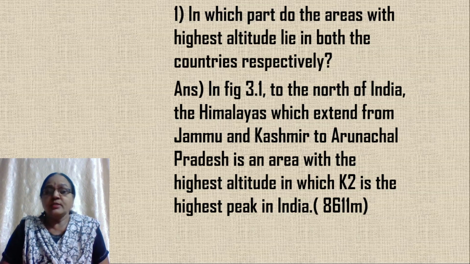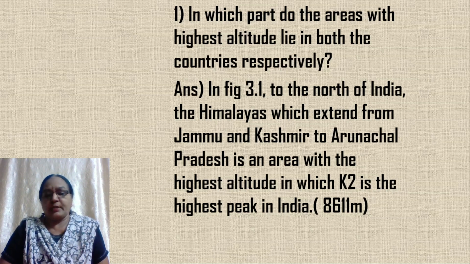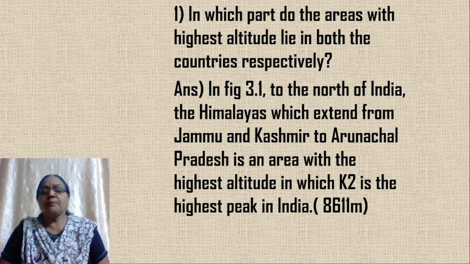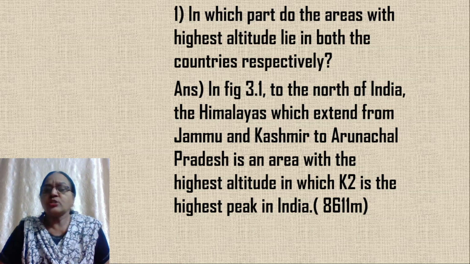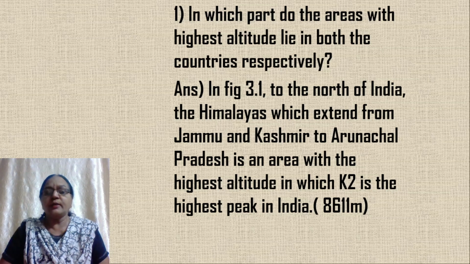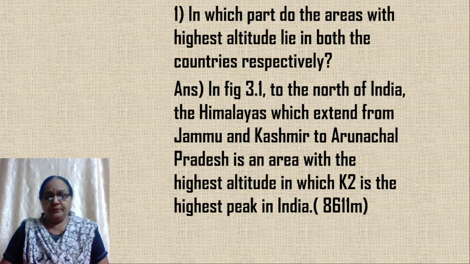The first one is: in which part do the areas with highest altitude lie in both the countries respectively? Now, in 3.1, I just showed you the highest altitude is seen to the north of India, that is in the Himalayan region, and this extends from Jammu and Kashmir to Arunachal Pradesh.